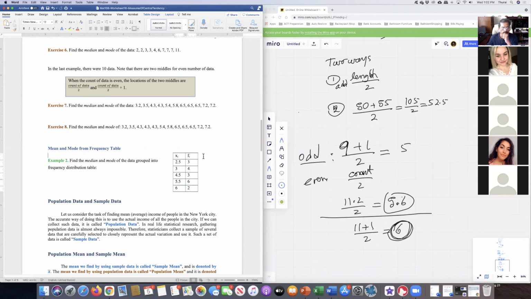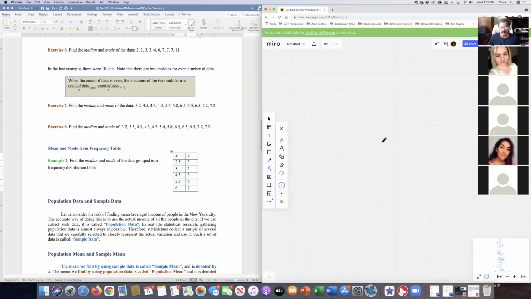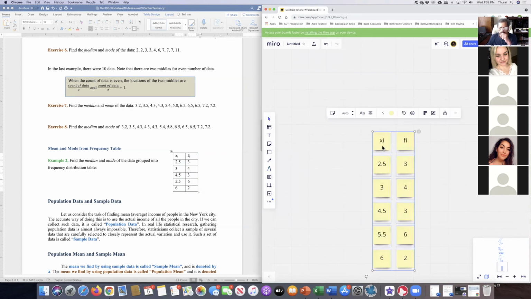So you make another column for the fi xi. I'm going to have to copy and paste this. Okay, all right, that gave me a weird looking table.